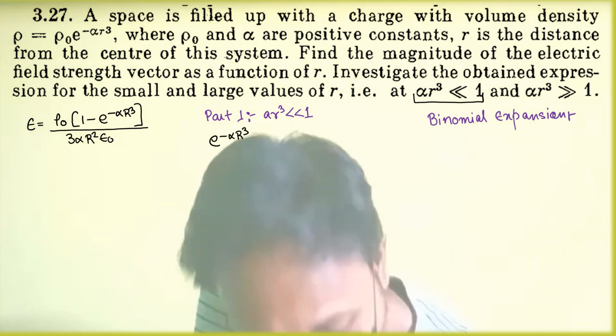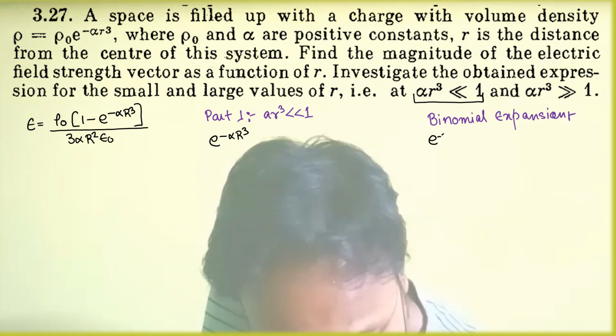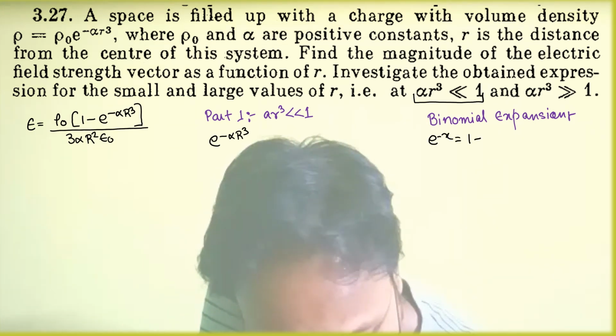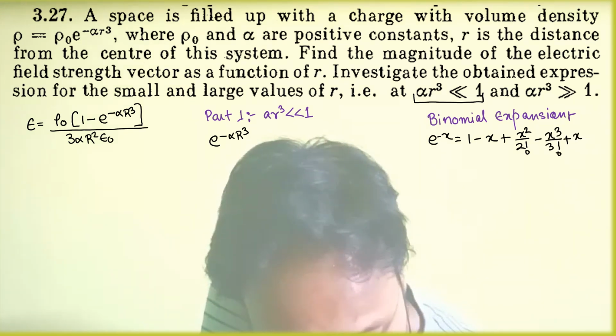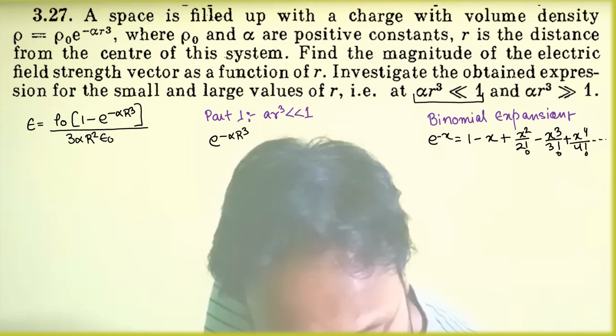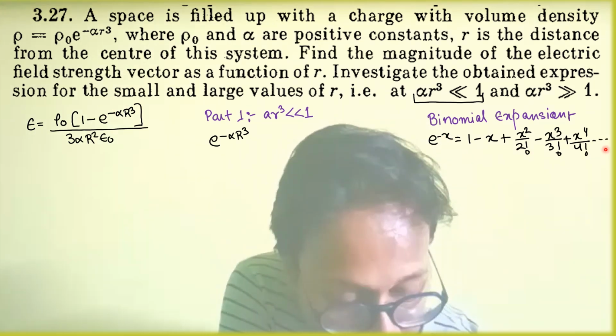Where if I expand e to the power minus x, it is nothing but 1 minus x plus x square by 2 factorial minus x cube by 3 factorial plus x4 by 4 factorial, and so on. That means when x is a very small number, you can expand the function like this.